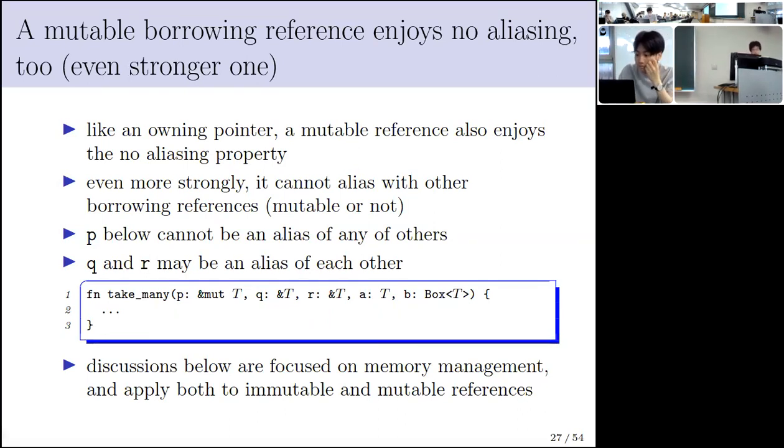But this is a subtle point specifically about mutable borrowing references. The following discussions are orthogonal to these special rules that apply to mutable references. They are focused on memory management and lifetime management issues, and largely apply both to immutable and mutable references almost equally.